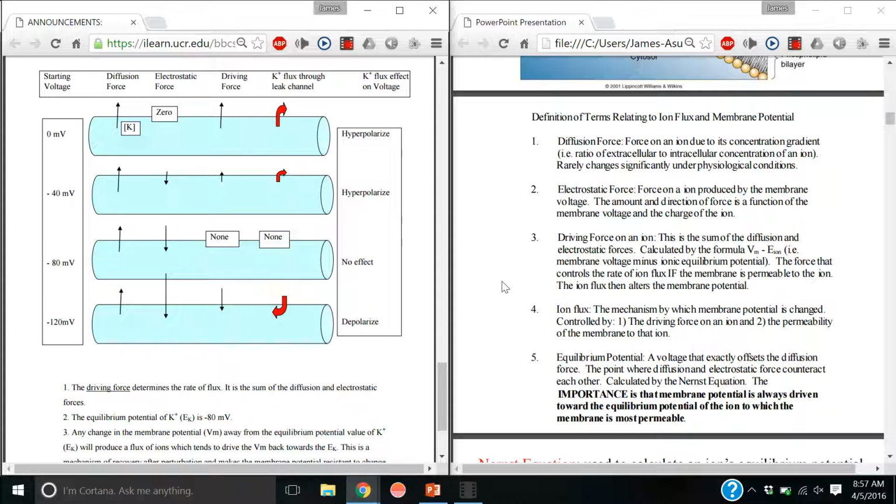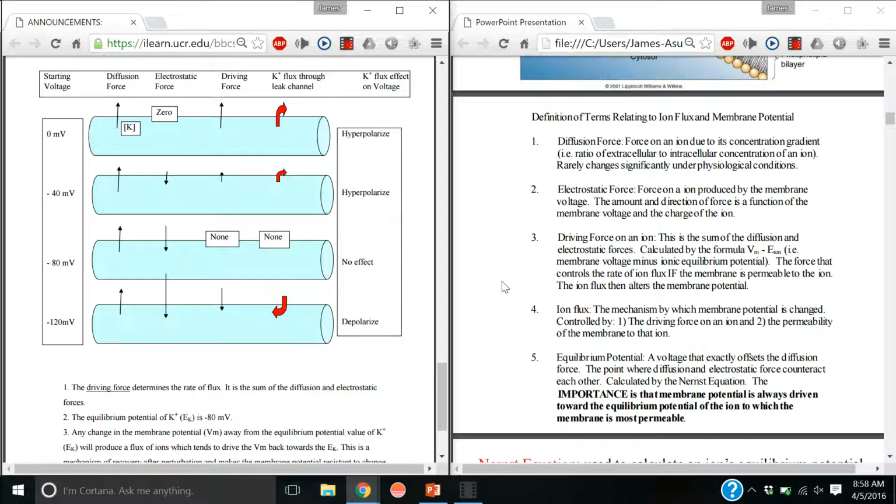Okay? At minus 80 millivolts, the diffusional force outward is exactly equal but opposite to the electrostatic force. The electrostatic force is a direct function of the membrane potential. So the sum of the diffusional force and the electrostatic force is 0, and so at that point, even though you have these open leak channels, there's going to be no net flux of potassium.